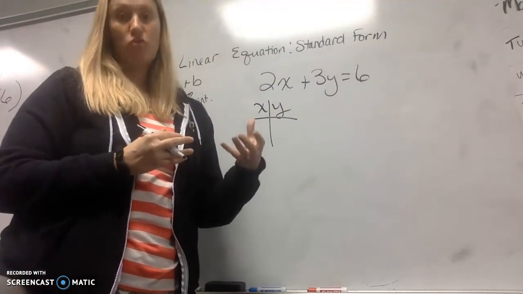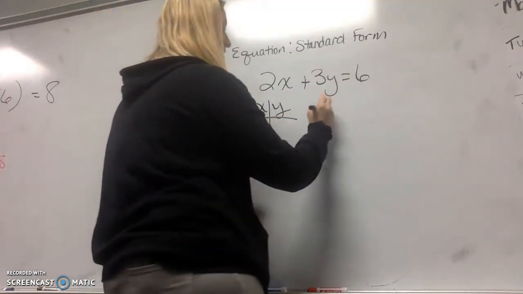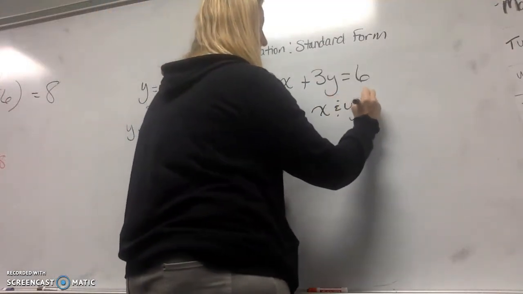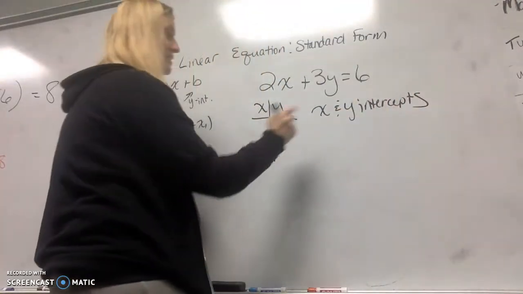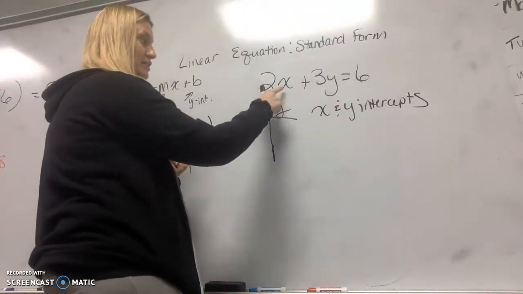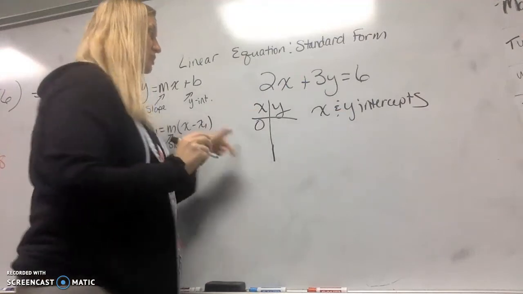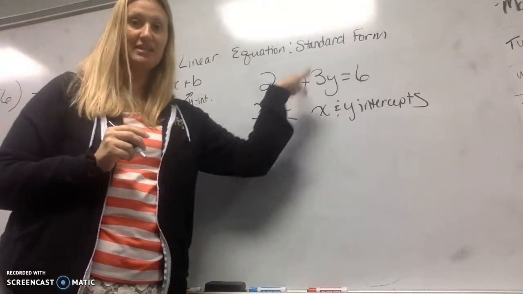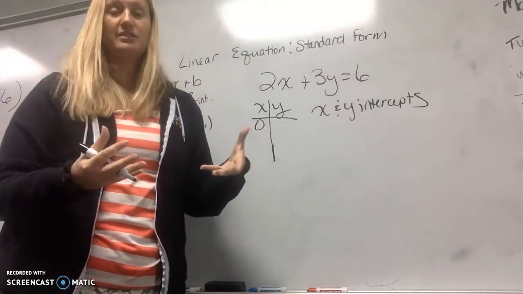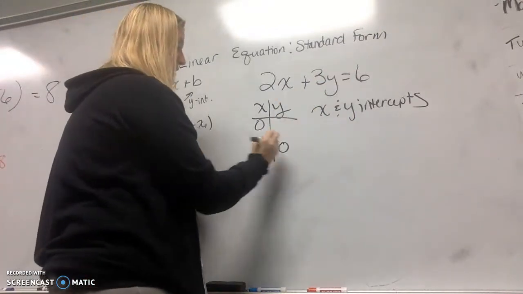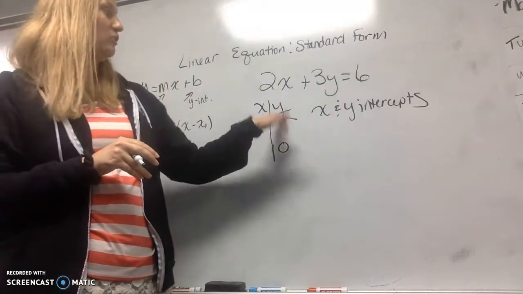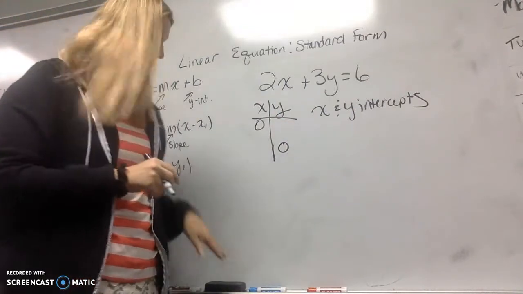Your easiest coordinate points to find are your x and y intercepts. Because a y-intercept is when our x value is 0, I can just plug 0 in for x and solve for y, which is the easiest number to plug in and solve. And then my x-intercept is when the y value is 0, so I can just plug 0 in for y and solve.